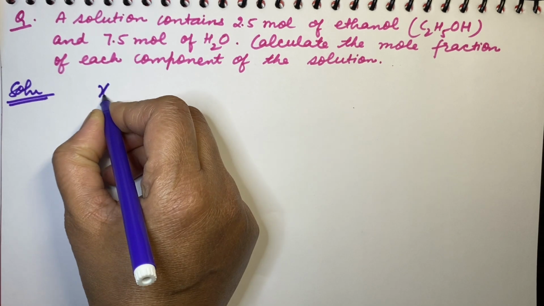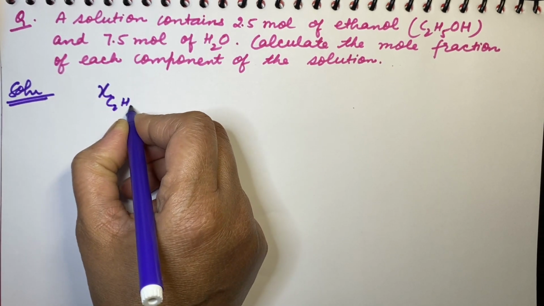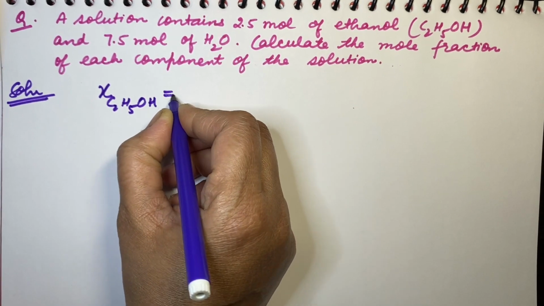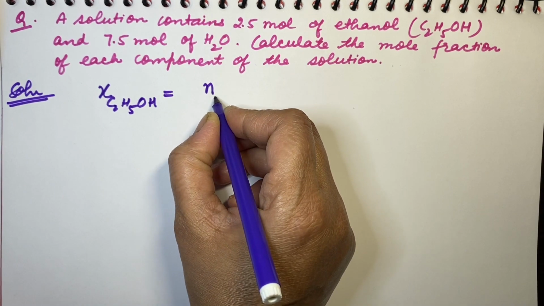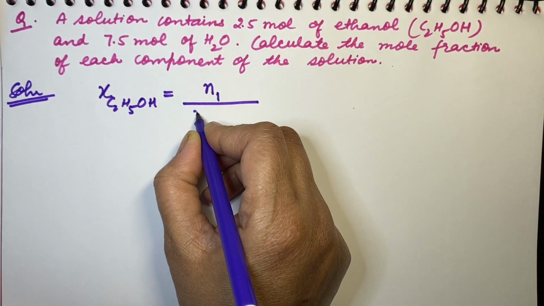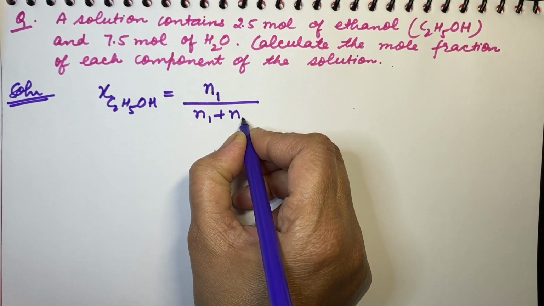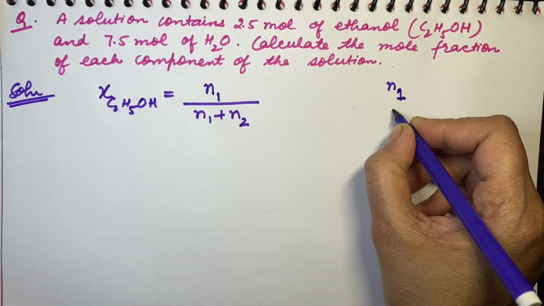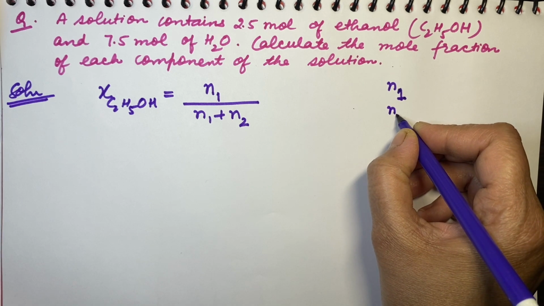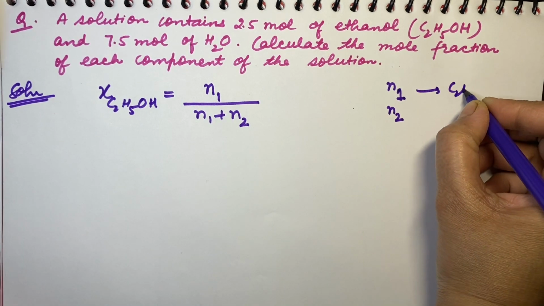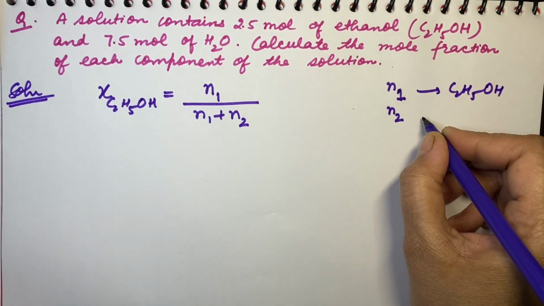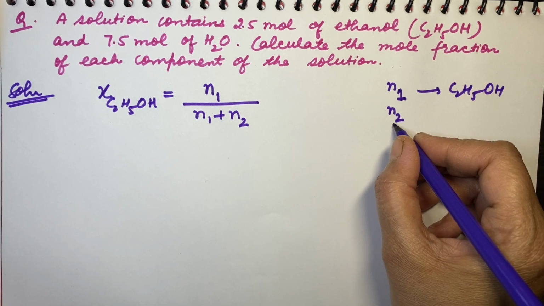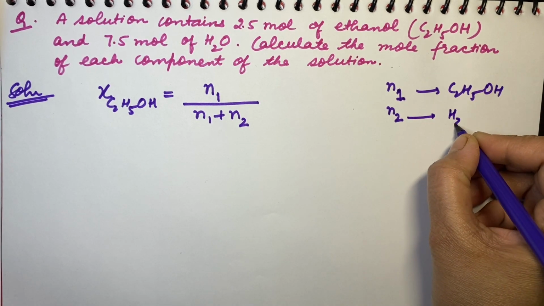So we can calculate the mole fraction of ethanol, C2H5OH, which is equal to the number of moles of ethanol divided by the total number of moles. Suppose the number of moles of ethanol is denoted by N1 and the number of moles of water by N2.